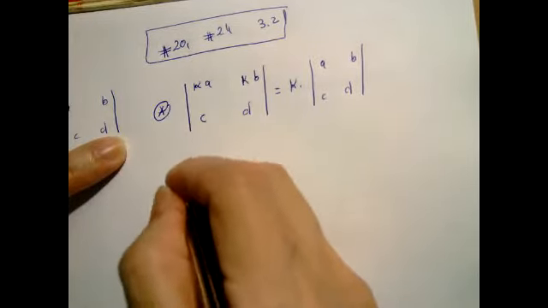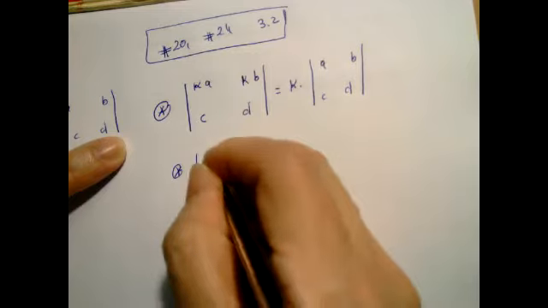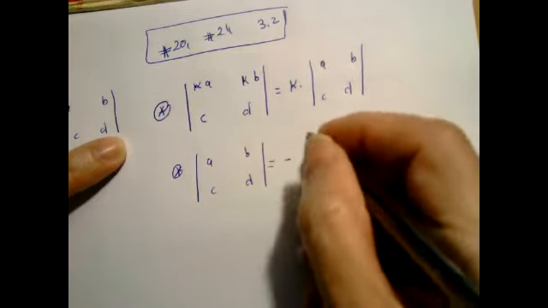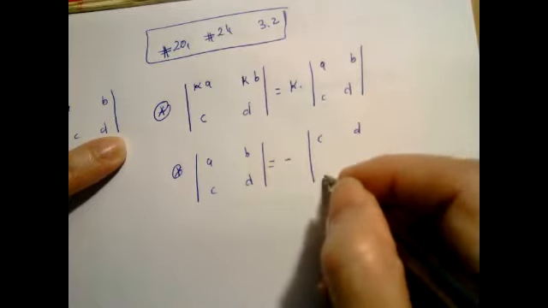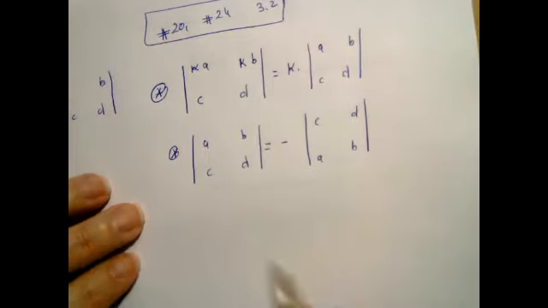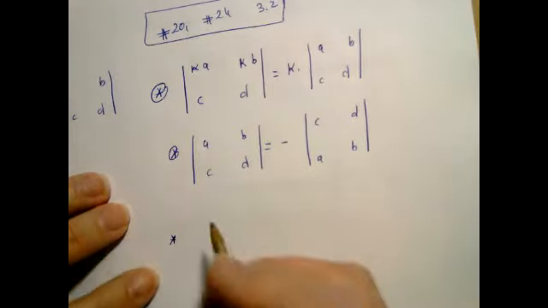Now, if we switch two rows or two columns, then the determinant is multiplied by negative one. That's the second operation. Now, the third operation, which is the one that we use the most, is the following.